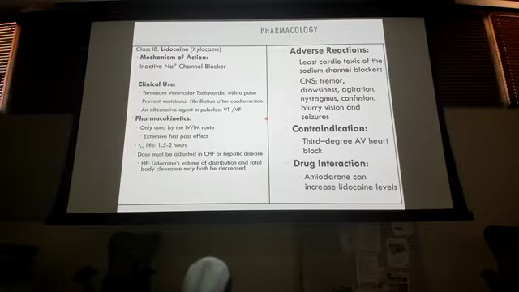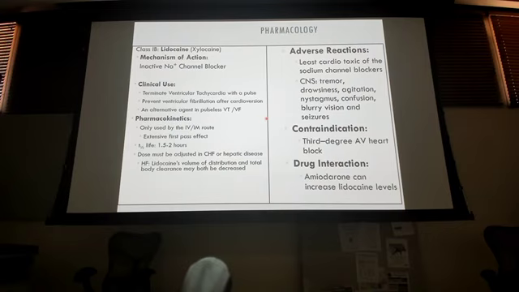Looking at your lidocaine, clinical use, your ventricular arrhythmias that you have. You also see that this was an alternate to our pulseless VT, but I want you to remember your ventricular tachycardia. And then looking at prevent VFib after somebody does cardioversion, we're going to talk about cardioversion, but essentially you're trying to convert that person back into normal sinus rhythm.